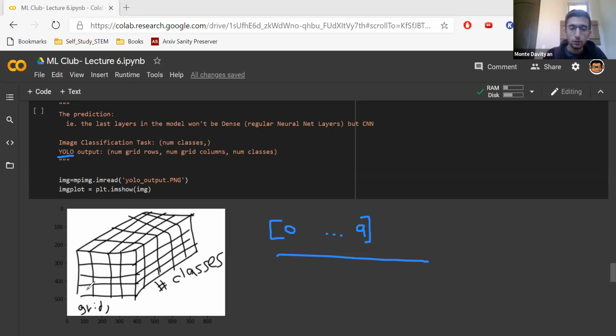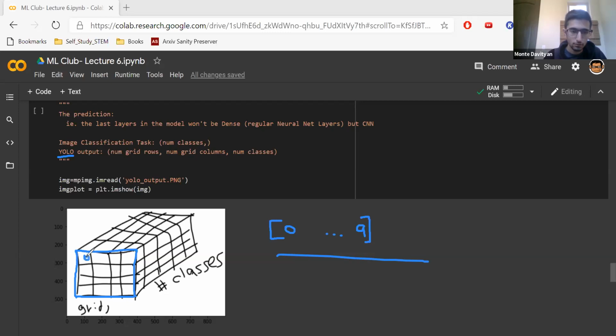So what our output would look like in the YOLO case would be the number of grids, or the grid size. Look at just this, and you can make this a 1x1 output, a one-dimensional output, classifying in which grid it is.